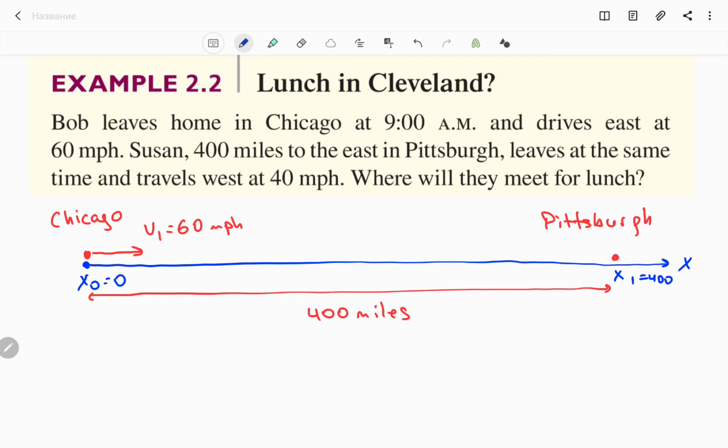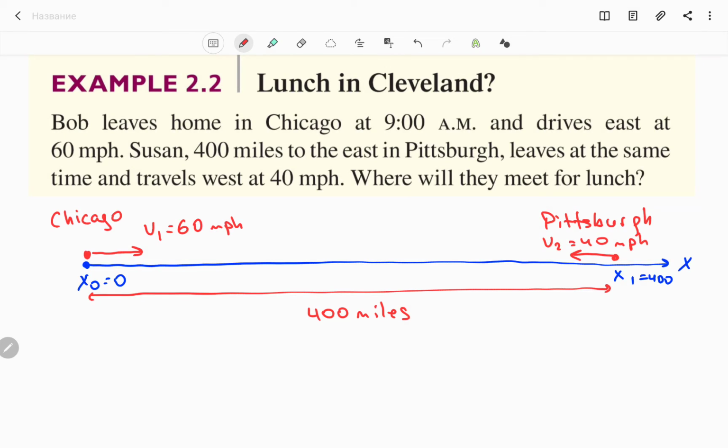And Susan leaves at the same time and travels west at 40 miles per hour. So we have V2, direction is to the left, and this V2 equal to 40 miles per hour. Where will they meet for lunch? So first of all, let's summarize it.